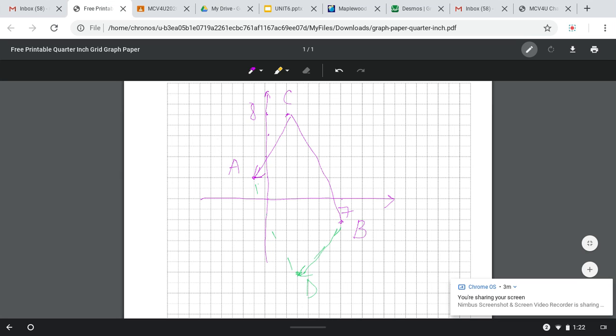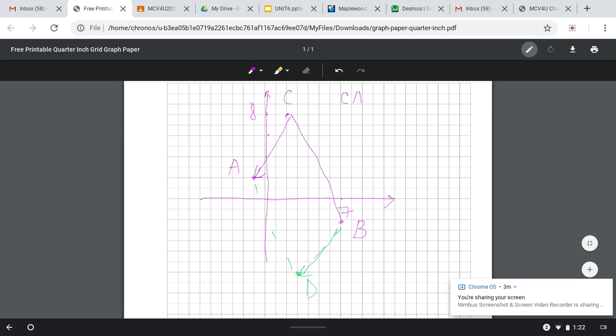So if I know the components of the vector CA, I can use them in order to find the coordinates of the point D. So let's start by finding the components of the vector CA.